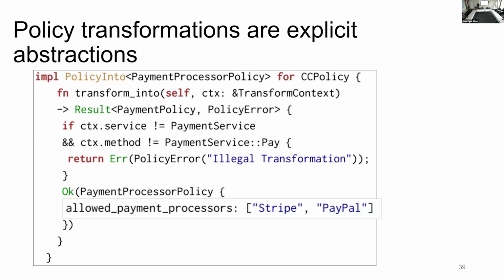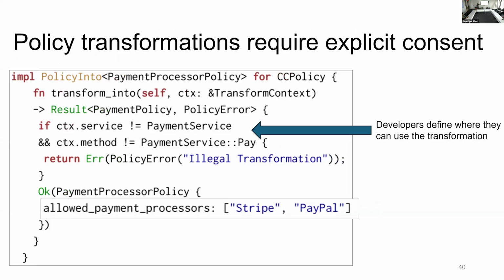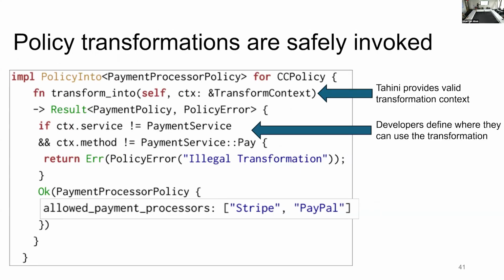A transformation is provided a context by Tahini that specifies where this transformation is invoked. The context specifies the service and the method that is being used in this current transformation. And we can trust the context because it is provided, again, by Tahini, in this safe interface that I provided earlier.